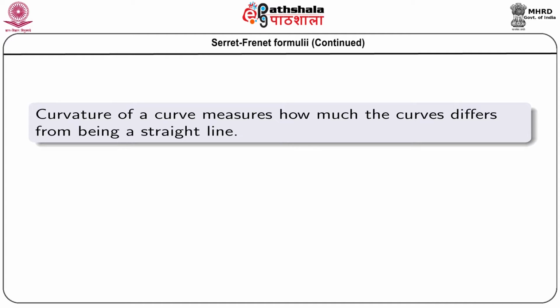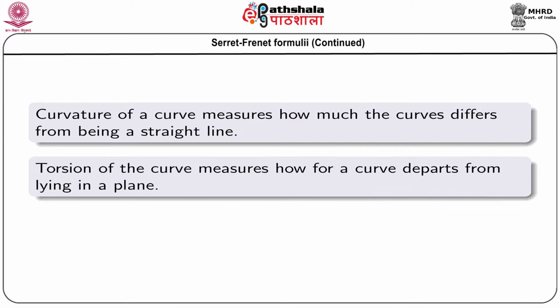That means it measures the twistedness of a curve, and the curvature of a curve measures how much the curve differs from being a straight line. So, it measures the bendedness of the curve, how much it is bending.